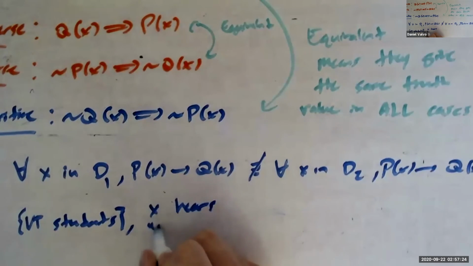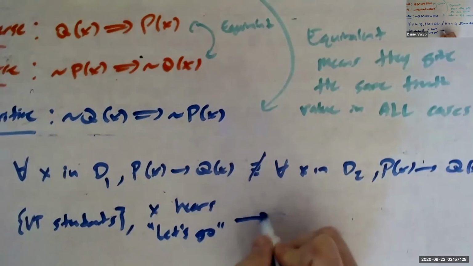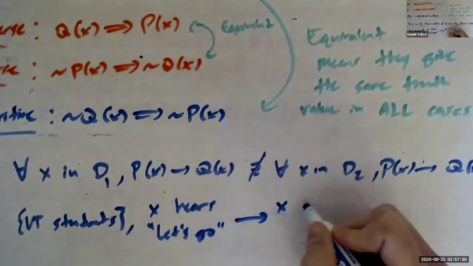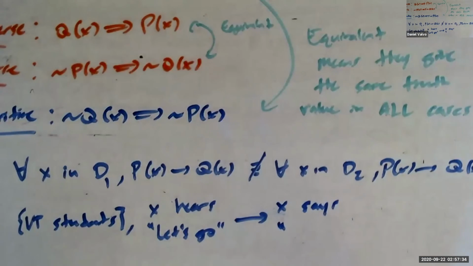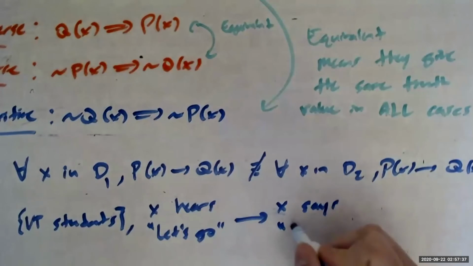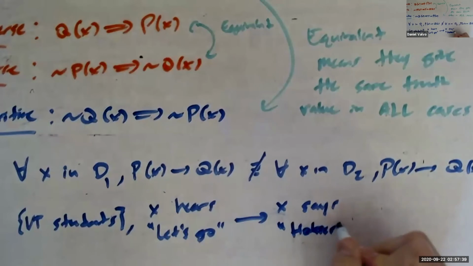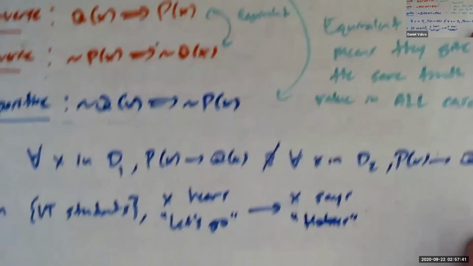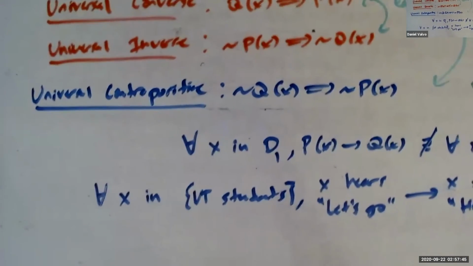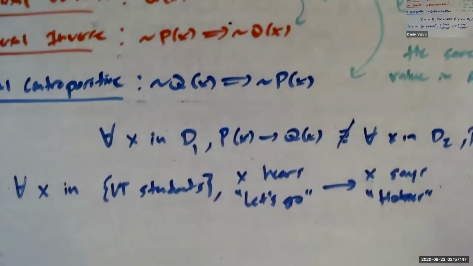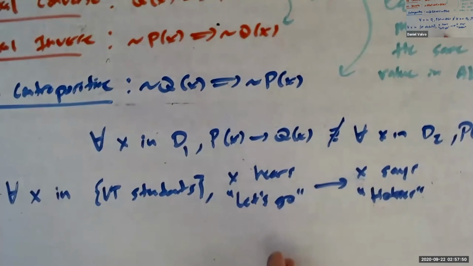If X hears let's go, implies that X says, what does X say? Hokies. There we go. Hokies. So this is theoretically a true statement. We're saying for all X VT students, if X hears let's go, X will then say Hokies.